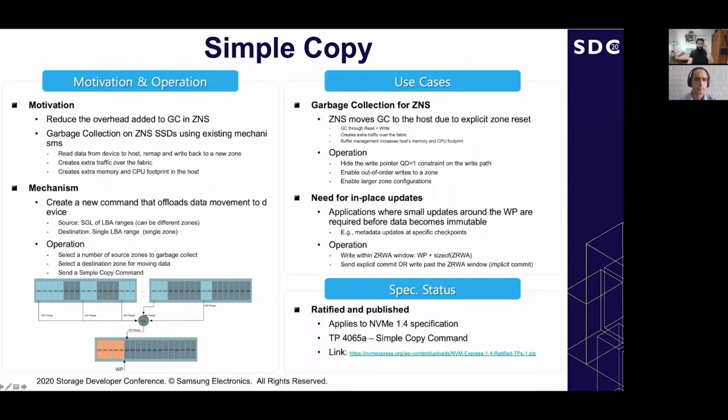The second new feature that is actually already ratified and published is simple copy. This is interesting for ZNS because once you have to do host garbage collection, we have the problem that, if you imagine a modern disaggregated storage, your storage might sit on the other side of some sort of fabric.